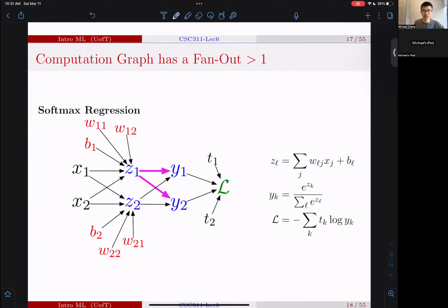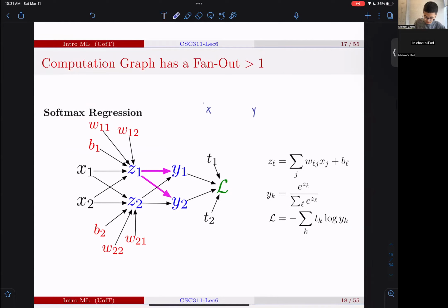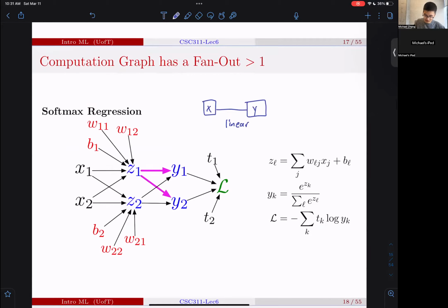One other thing to note here is that previously we've been primarily writing our computational graphs like this: x goes to y. So our neural network has a linear layer, remember, going from x to y. But this linear layer is composed of a bunch of different connections, right?